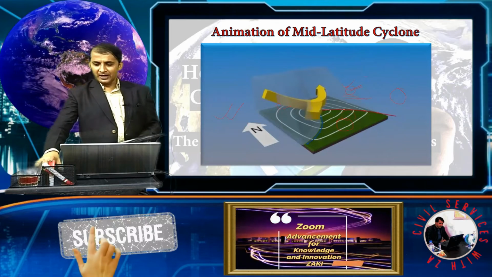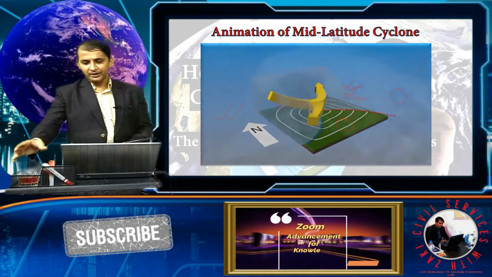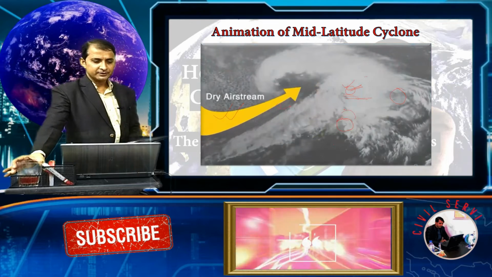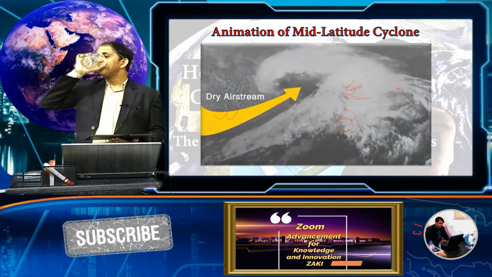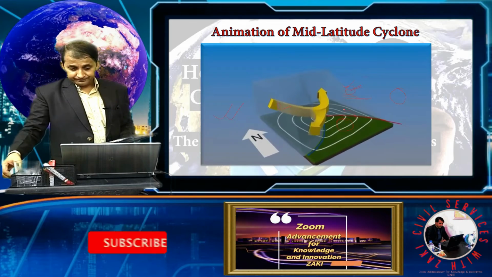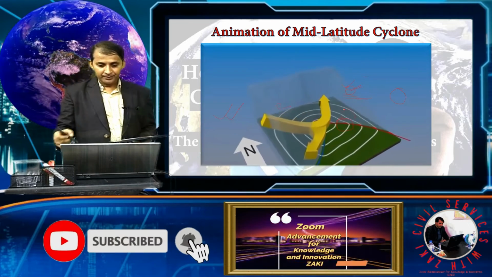So these types of fronts create a cyclone like this.